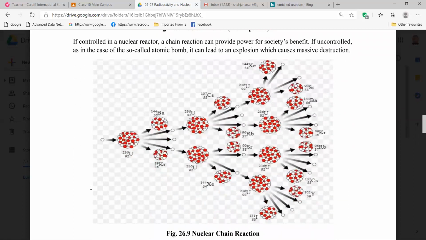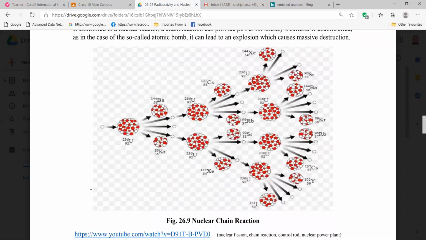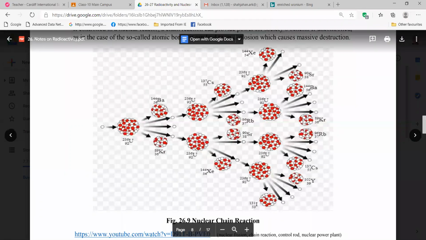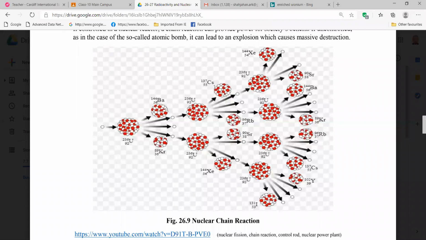You see, here we got the uncontrolled chain reaction. Look, uranium, then we are getting krypton, barium, and 3 neutrons. They are hitting more uraniums. It doesn't always happen that we get barium and krypton the same way.